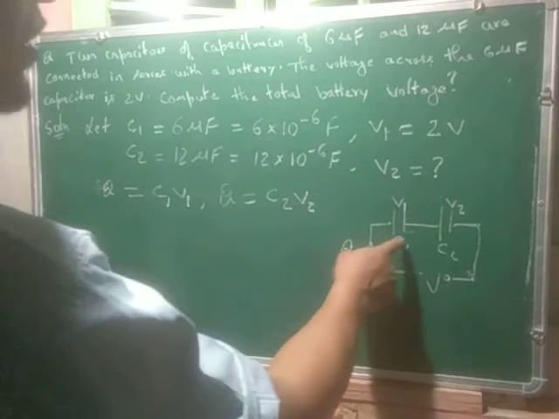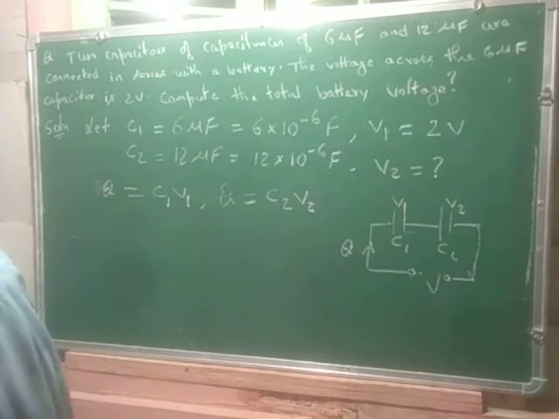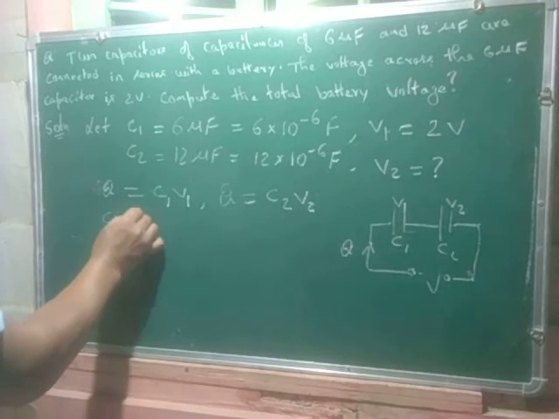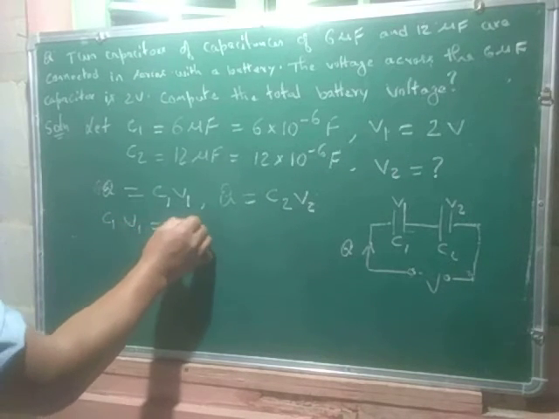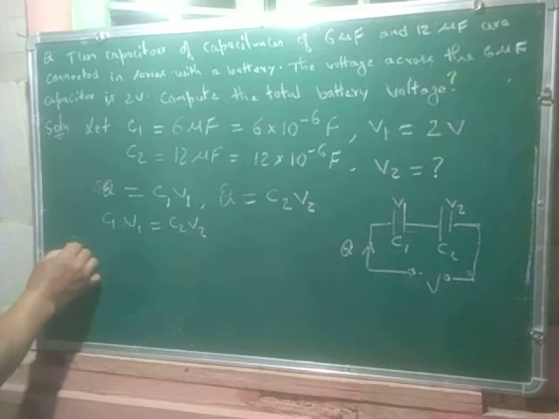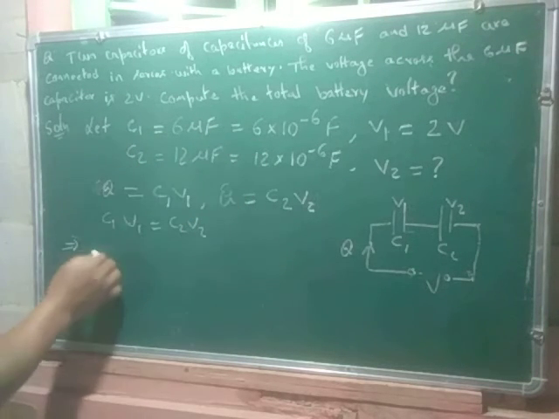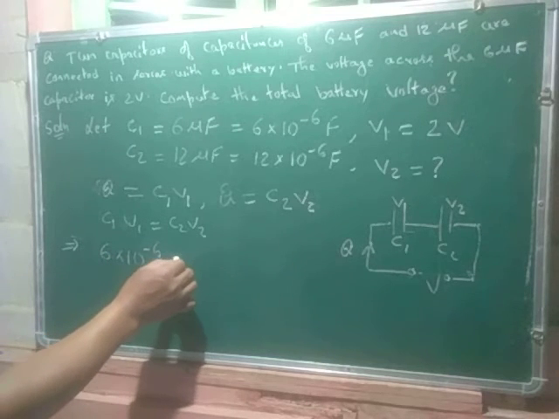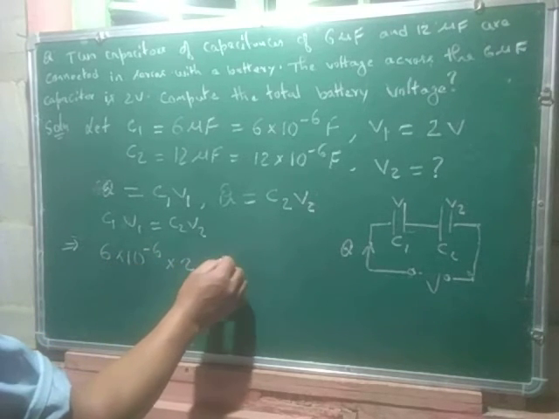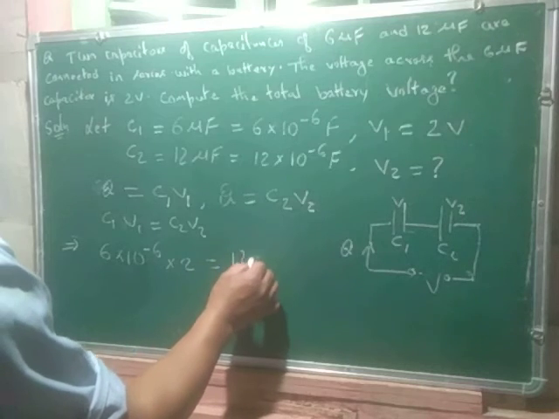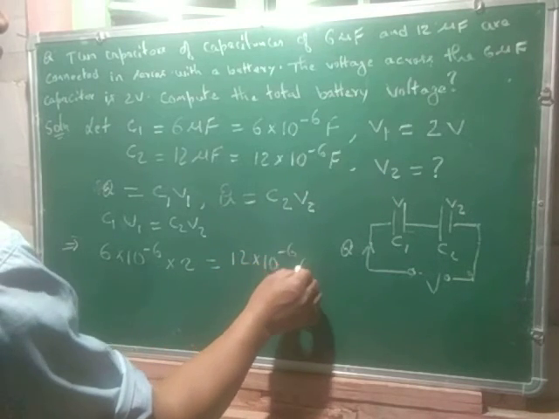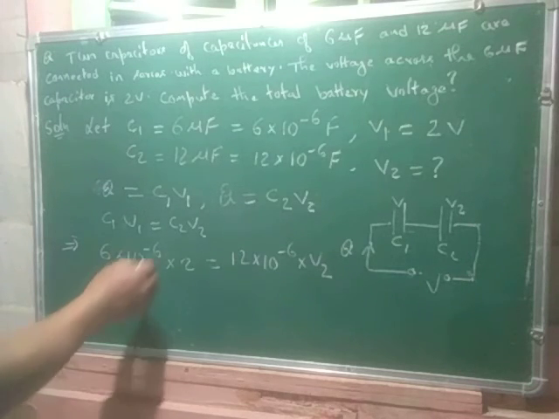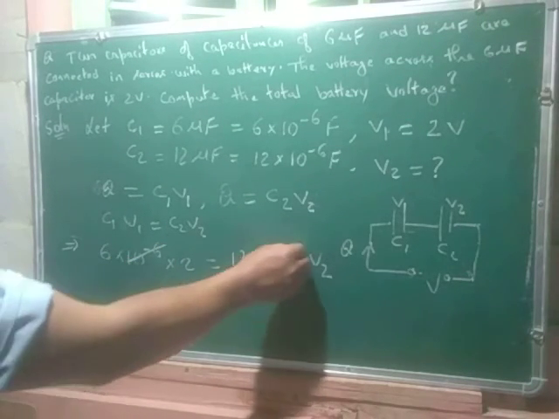But the charge Q is the same for each capacitor, so I will write C1 V1 equals C2 V2, which means C1 is 6 into 10 to the power minus 6, V1 is 2, C2 is 12 into 10 to the power minus 6, and V2 I have to find out. The 10 to the power minus 6 from the left and right can be cancelled.